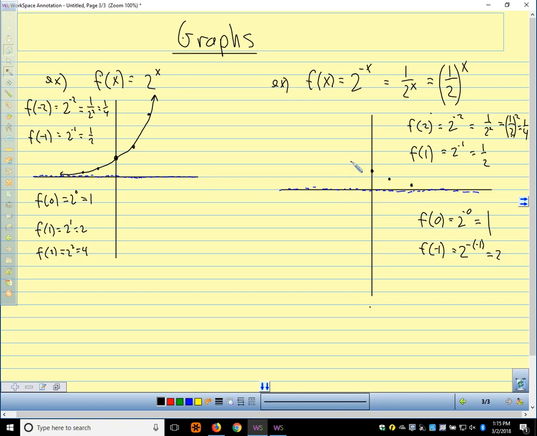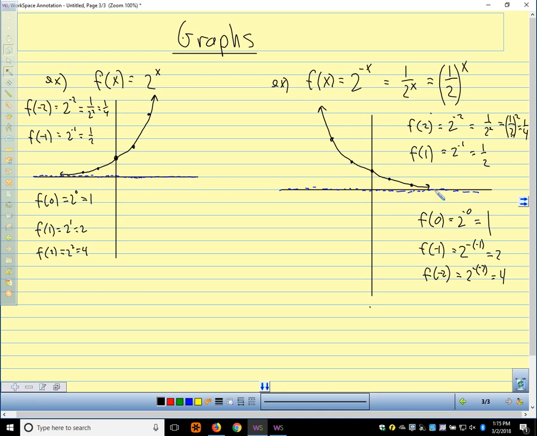Do we see what's happening here? F of negative 2 is 2 to the negative negative 2, which is 4. So my function is going to look like that.